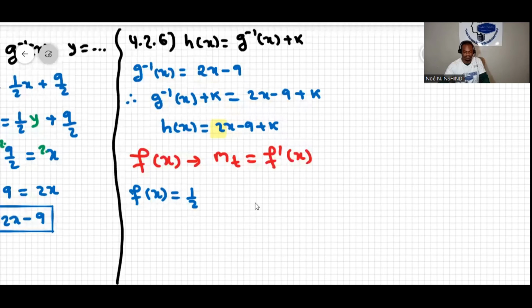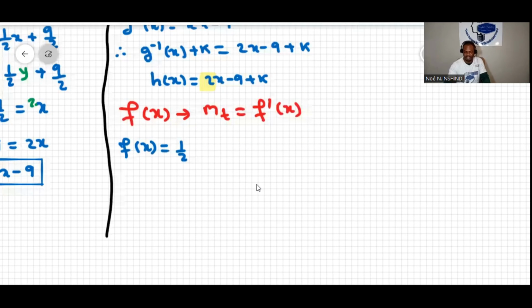Let's write it again. We can expand this. This makes a half, and then x plus 5 times x plus 5.